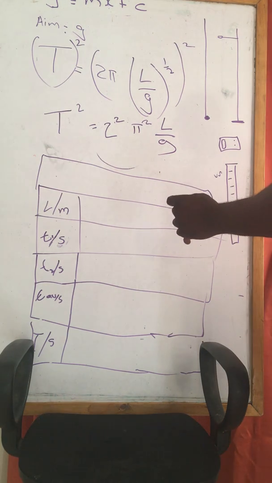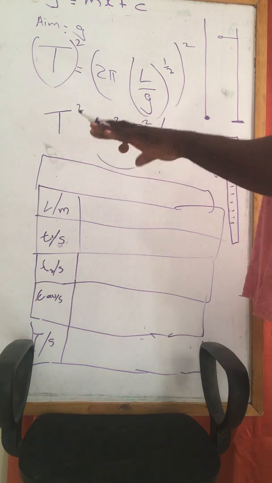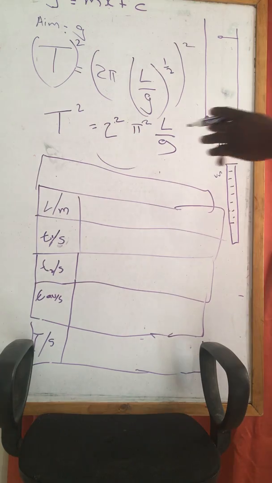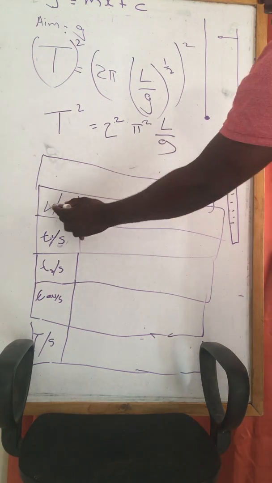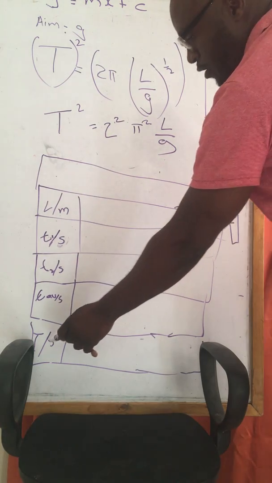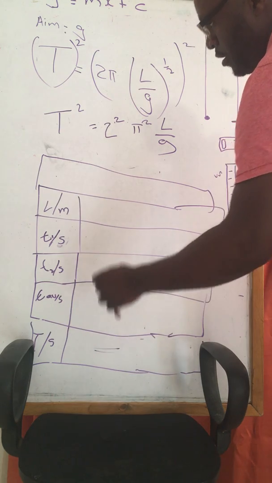Now, it simply means that we don't need to find the square root of any L right here. So we can just go ahead and plot L with T squared, but we don't have any T squared in this. So we're just going to take the values in this row here for T, and square it.